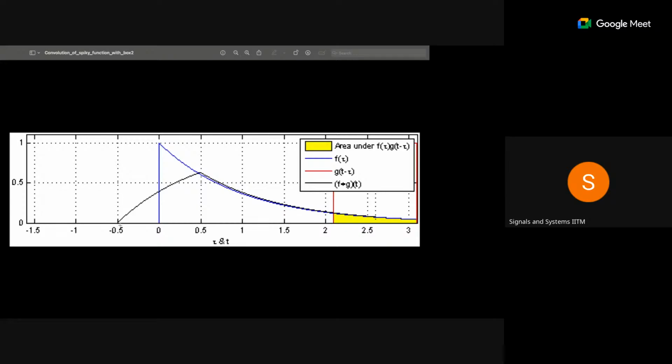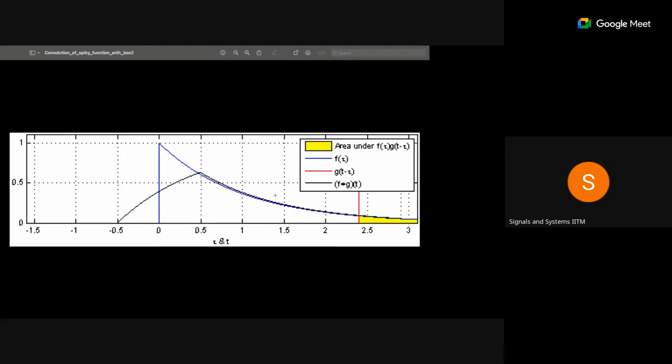And this dotted black thing is the convolution graph. You can also visualize it better with two rect signals. When you convolve two rectangular pulses, you will get a triangle. So you all can try it out.